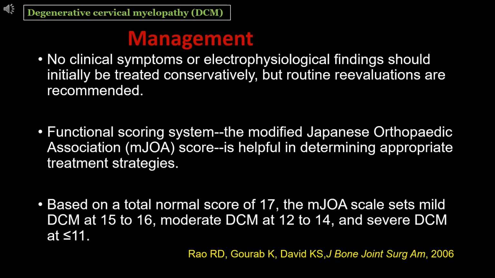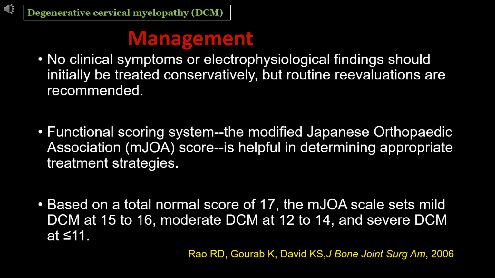Coming to the treatment management, DCM and spinal canal stenosis with no clinical symptoms or electrophysiological findings should initially be treated conservatively, but routine re-evaluations are recommended. You have to follow the patient regularly.